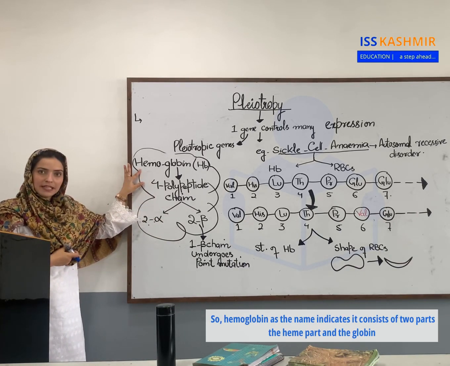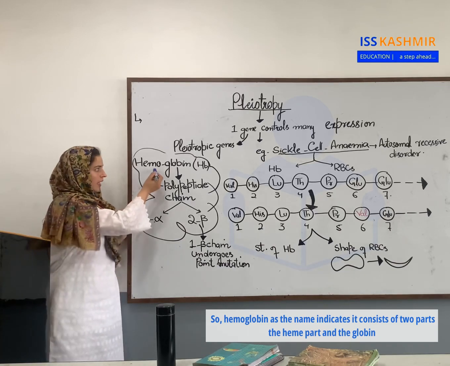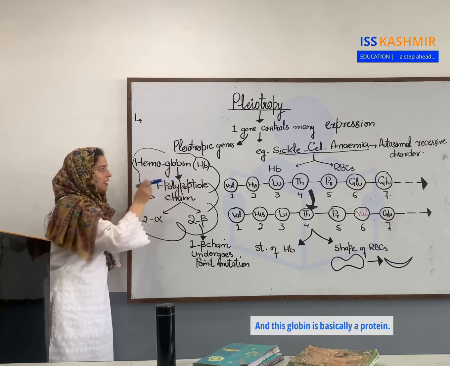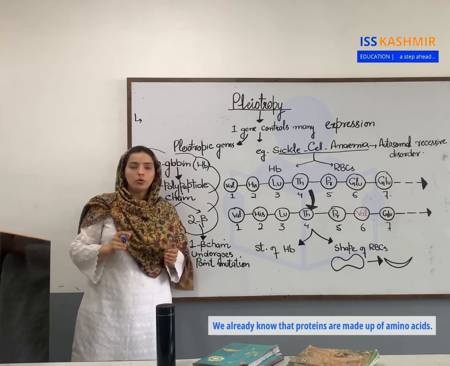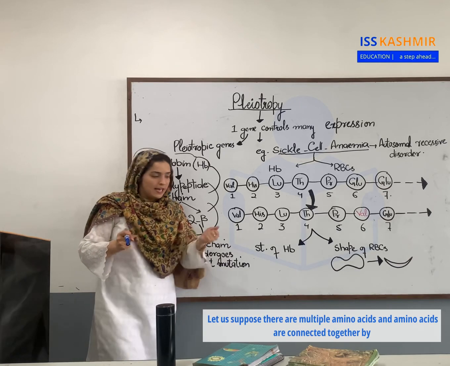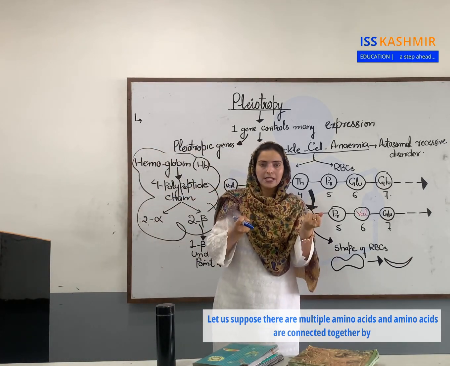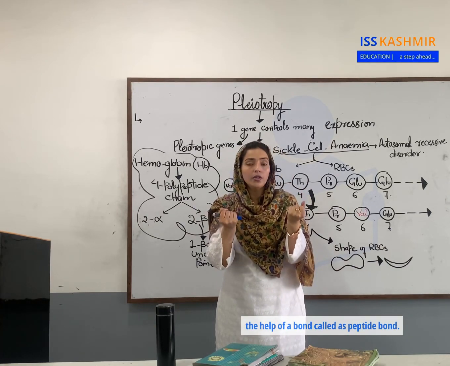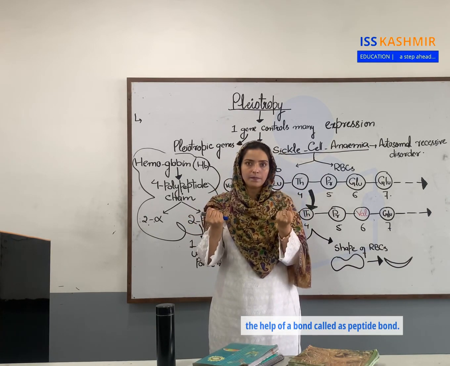Hemoglobin, as the name indicates, consists of two parts, the heme part and the globin part. And this globin is basically a protein. We already know that proteins are made up of amino acids. Let's suppose there are multiple amino acids, and amino acids are connected together with the help of a bond called a peptide bond.